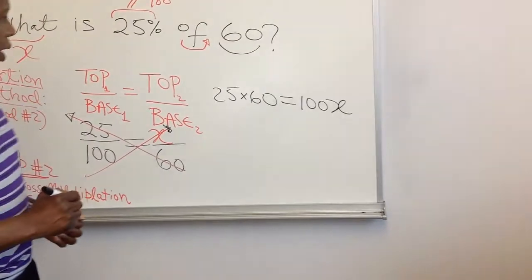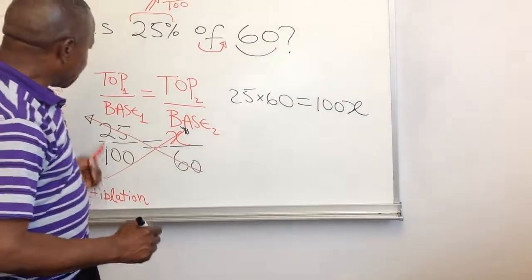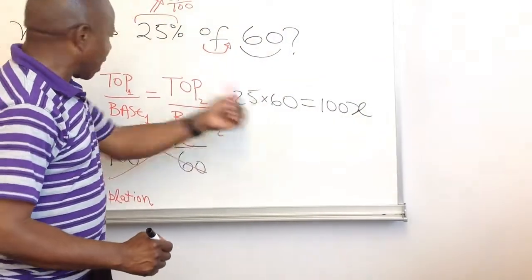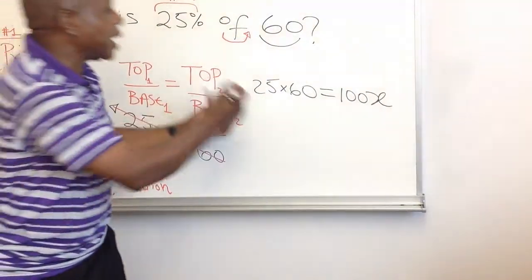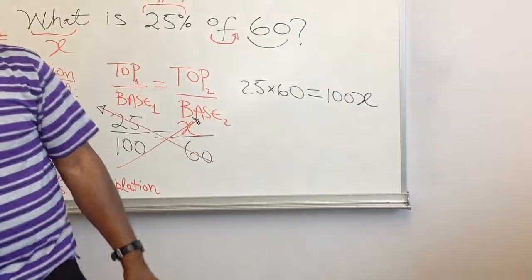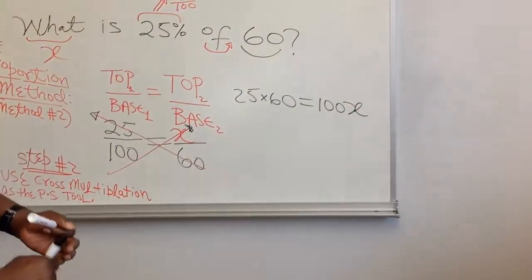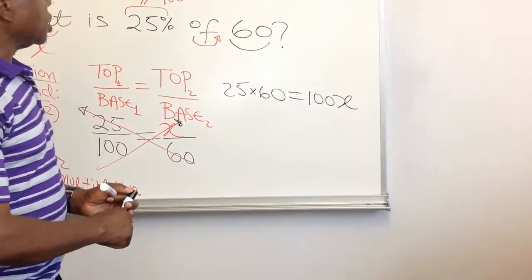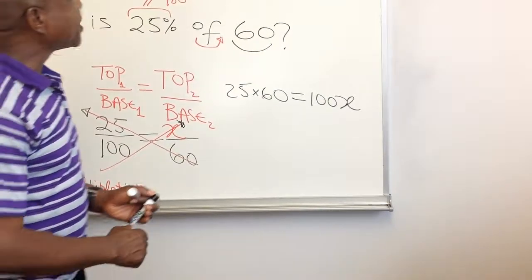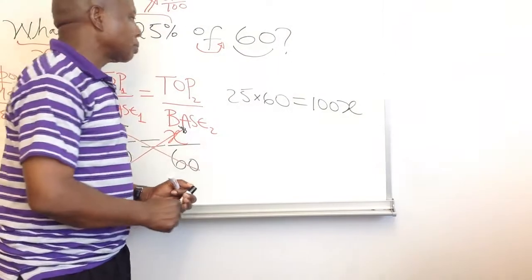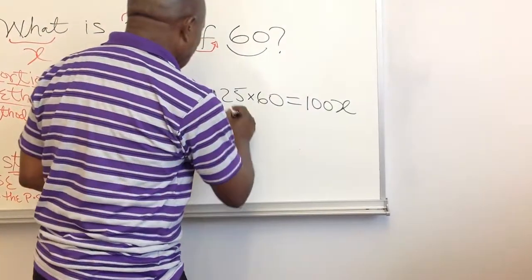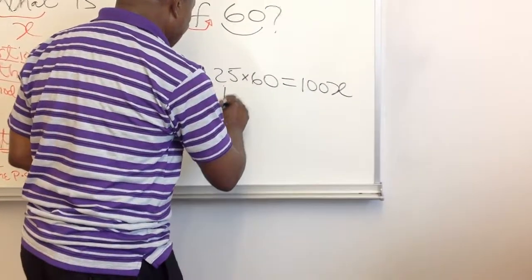I repeat, we're going to write 25 times 60 equals 100 times x. So what is 25 times 60? Well, 25 times 60 is going to be 1,500. So we are going to write 1,500.